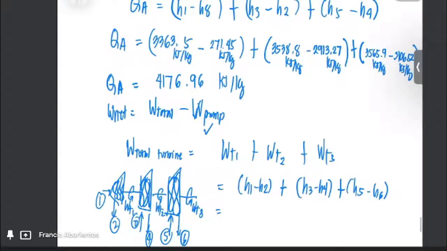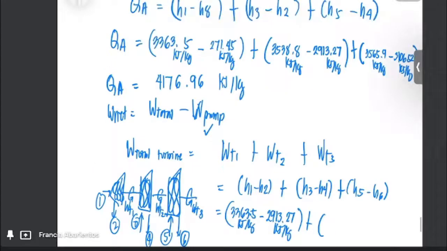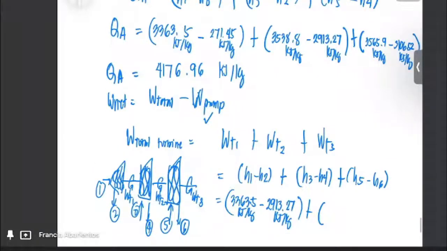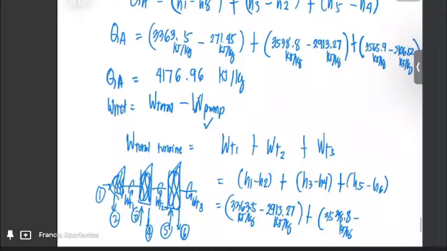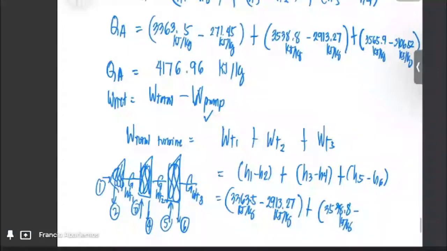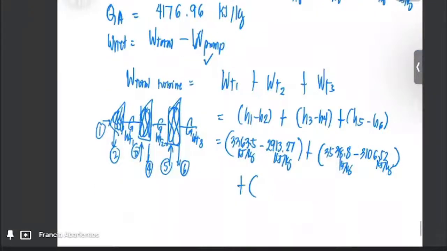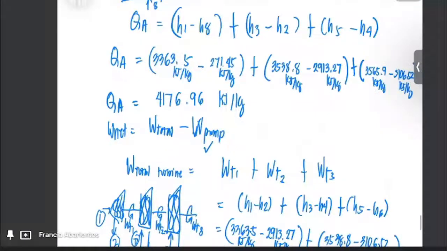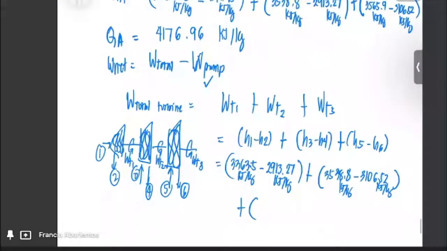Ayan. H2. H3 natin. Ayan. H5. What is H5? 3565.9. H6.